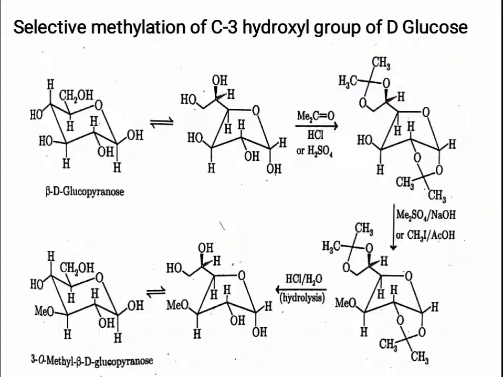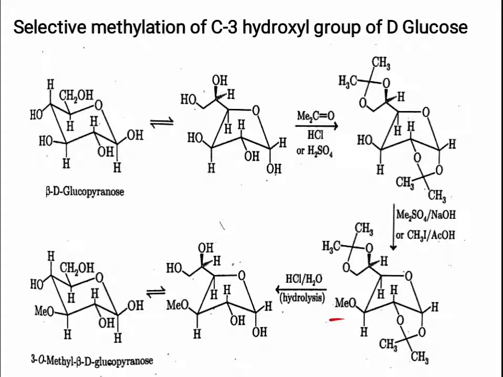Then just add Me2SO4 and NaOH, or you can also add Ag2O and methyl iodide. If you add Me2SO4 and NaOH, this NaOH will take up this proton, which is the only acidic proton here, and then this O- will attack this methyl group. So you will get this OMe.